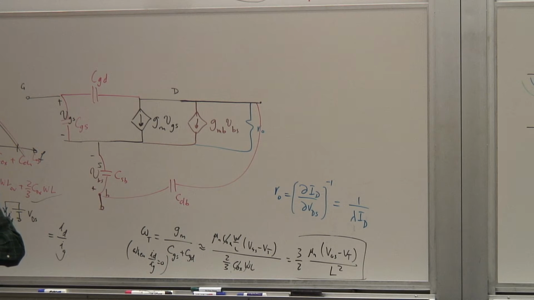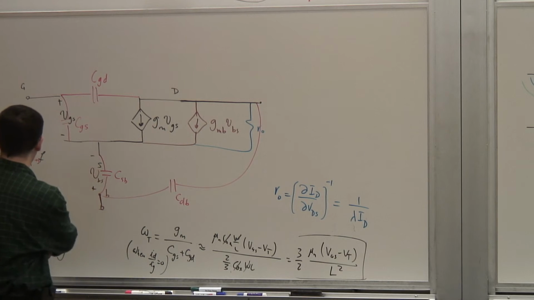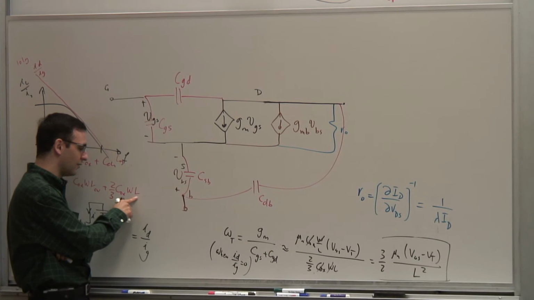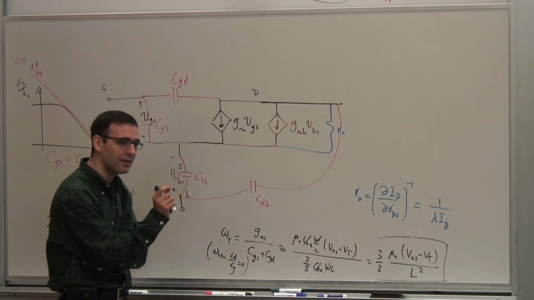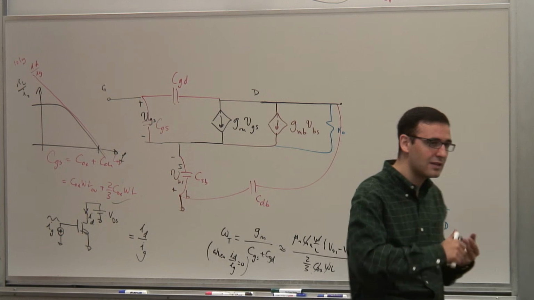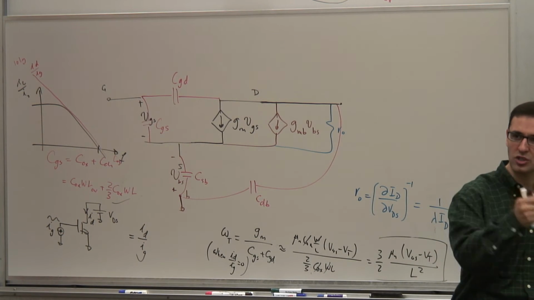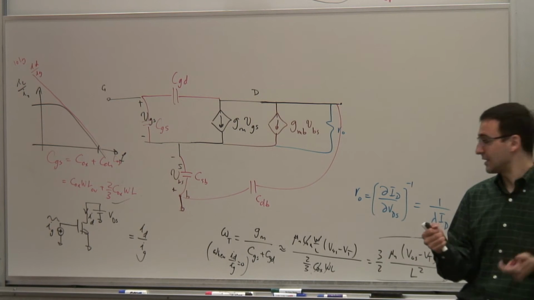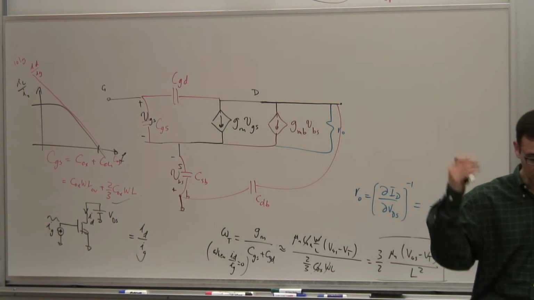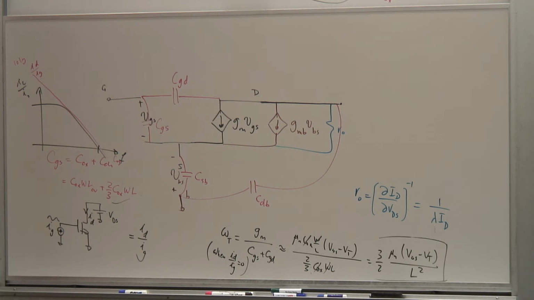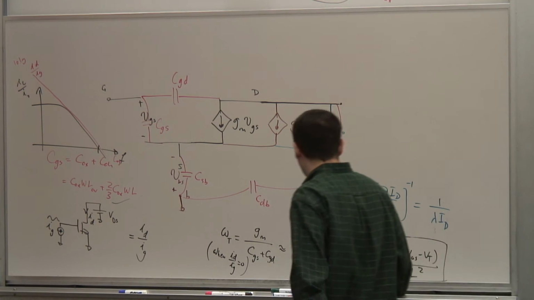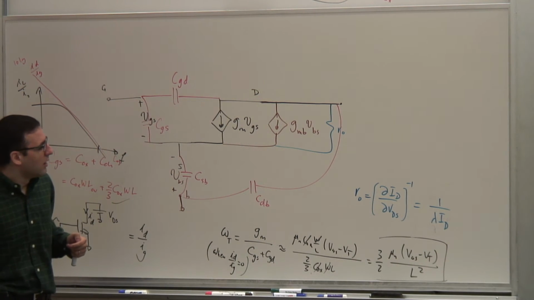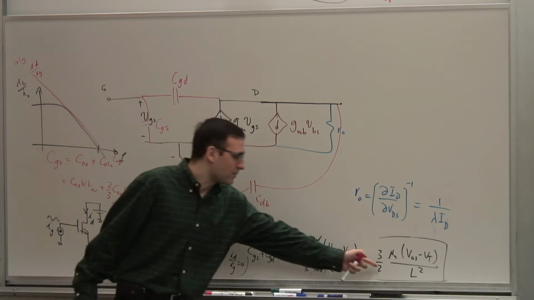Now, the capacitance is also proportional to L, to the channel length. So you halve L, you halve the capacitance, and you double the transconductance. So you have twice as much current to drive half the capacitor. That's a good thing. That's what gave rise to the huge scaling trend in the 80s and 90s, which basically drove Moore's law. And it's still going on, but we are not in that mode of operation anymore.